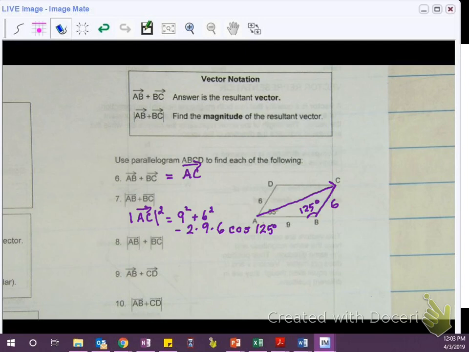We're going to put this on the calculator in degree mode: 9 squared plus 6 squared minus 2 times 9 times 6 times the cosine of 125.